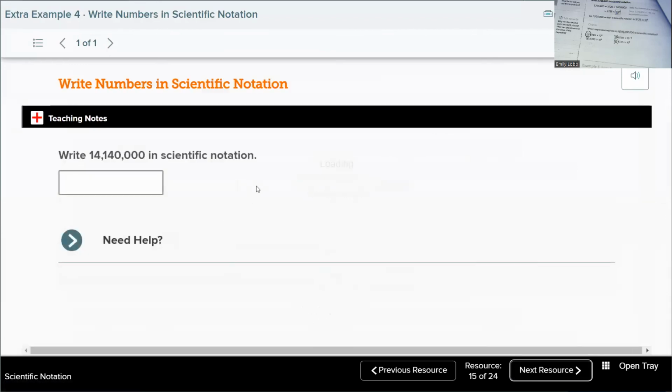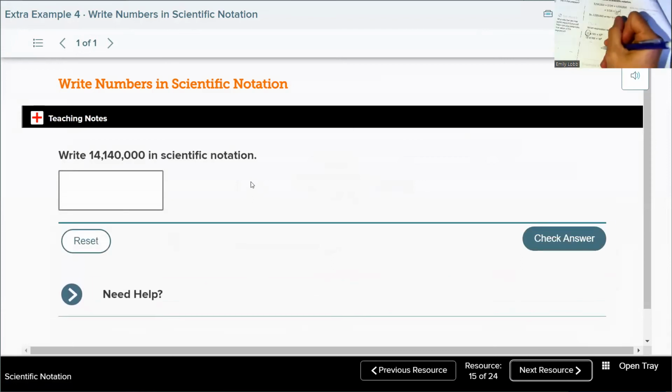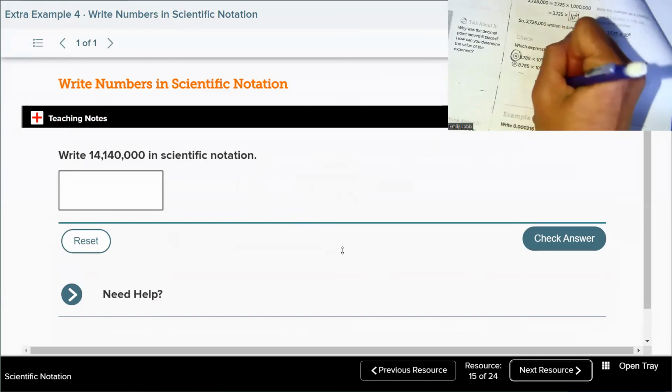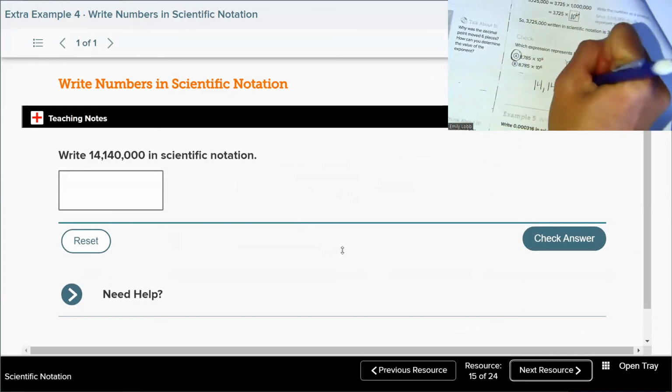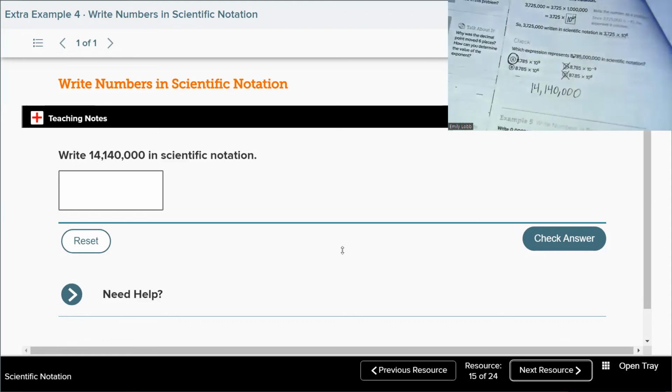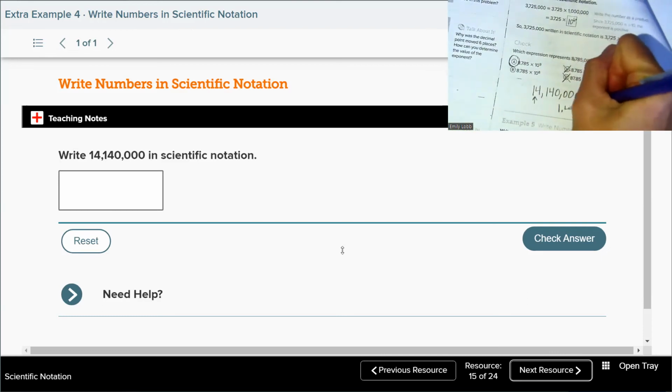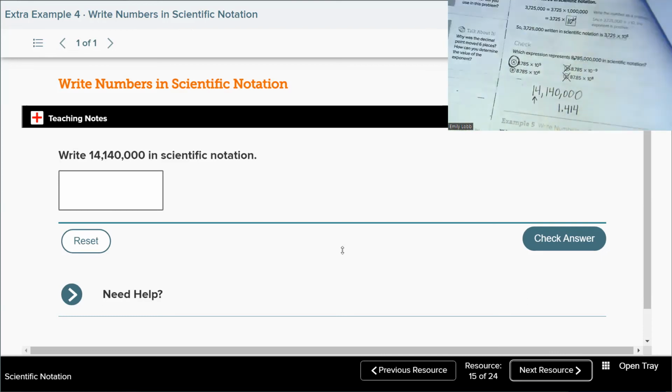So if I was writing down 14,140,000. This is a great ending spot. So where am I putting the decimal? After this first one, so 1.414.